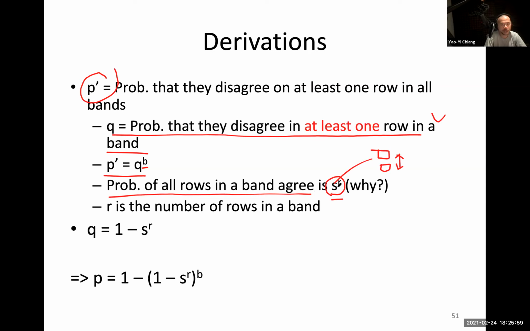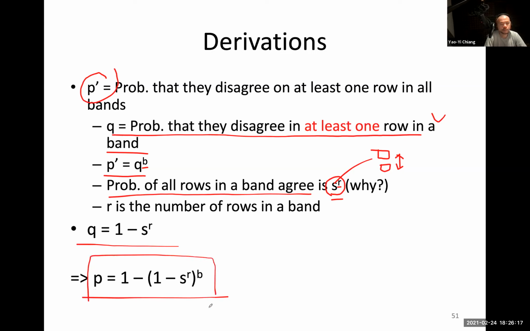And because you have R rows in the band, it's S to the power of R. So Q will be 1 minus S to the power of R, and then you have your P. Okay, so this is very easy, but this is very, very important.